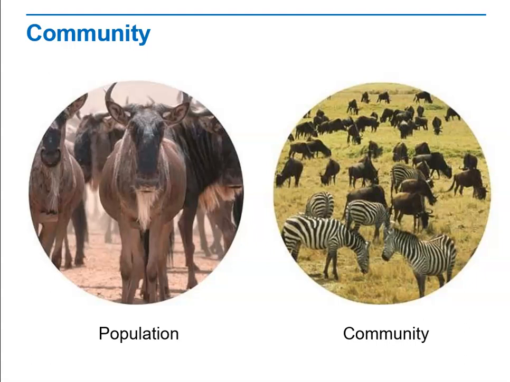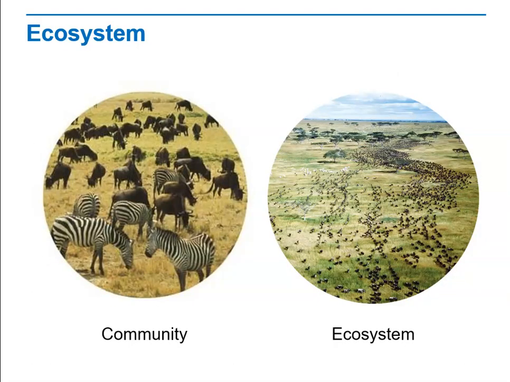So if we think about our area where we live, there are several different populations there. There are humans, there are squirrels, there are insects, there are plants, and each of those different species is a separate population, but we all live together in the same community. An ecosystem, if you look at this, what's the difference between a community and an ecosystem? Well, with the community, we're just talking about the living things.